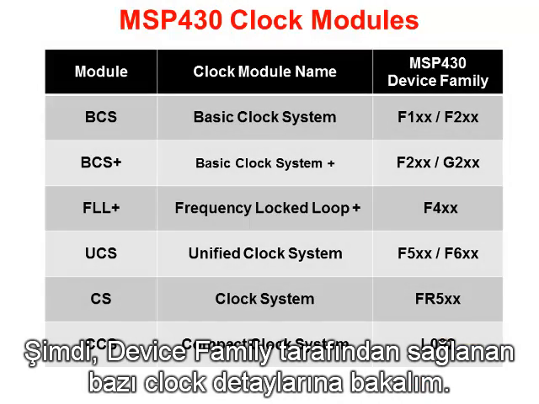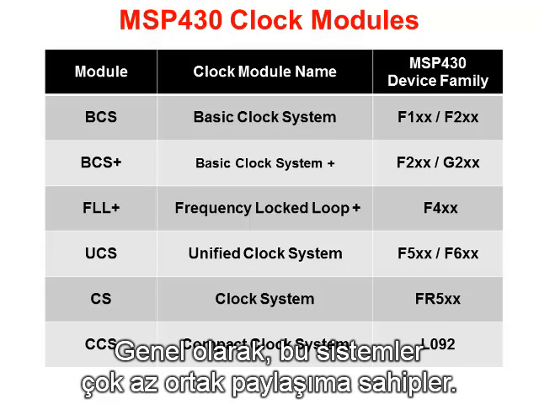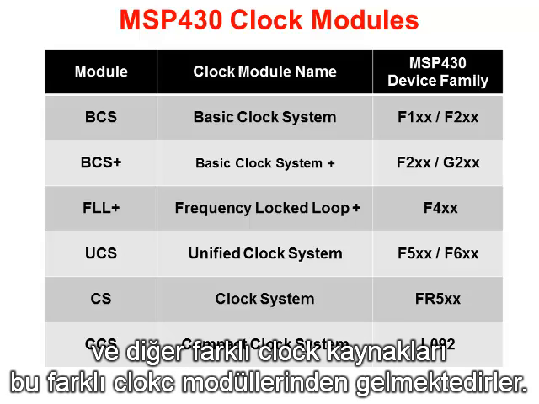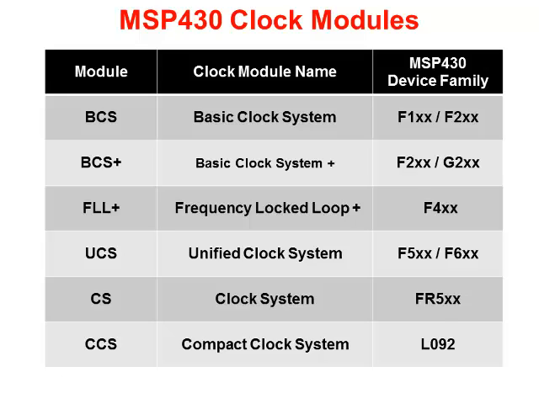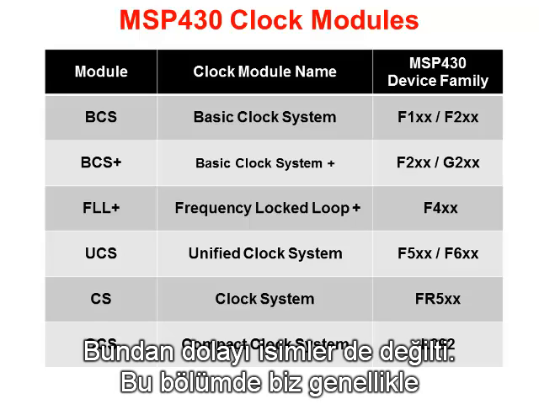As shown here, there are at least 6 different generations of MSP430 clock systems. In general, they share quite a few things in common. The whole concept of MCLK, SMCLK, ACLK, and the different clock sources are quite common to these different clock modules. In time, we've added additional features to the clock modules, and hence we've changed the name.